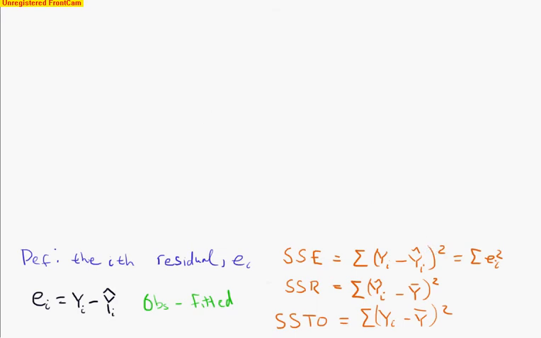There are two relationships I really want to stress. Number one is this: SSTO, the sum of squares of total error, is equal to SSR plus SSE.